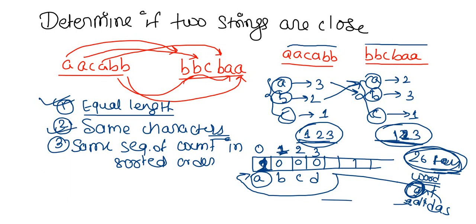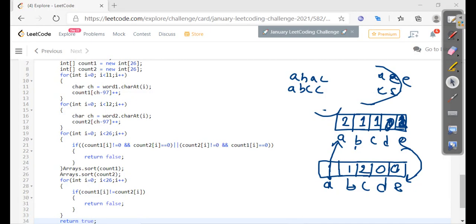Now, the third condition: we have to check whether the same sequence of counts appears in sorted order. If we sort this one, it will come as 1 1 1 1 2 for the first array and 1 1 2 for the second array. And even if some of the letters are missing, the sequence will be the same if you sort. So we are going to check whether these two are the same or not.